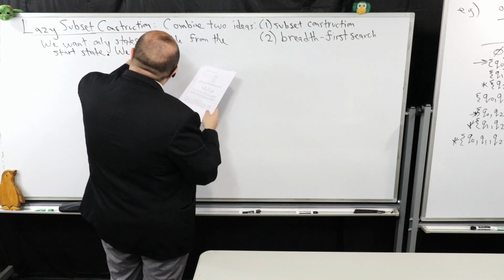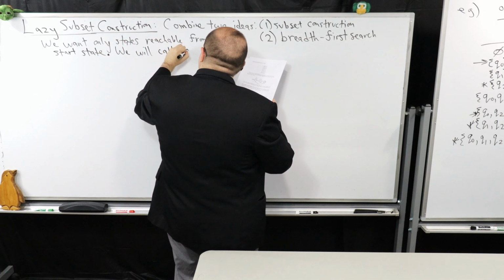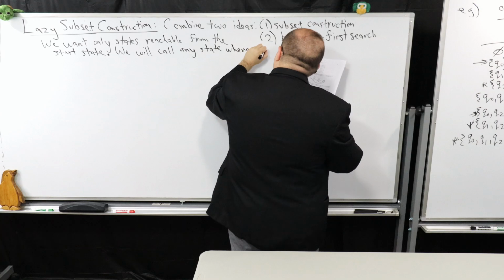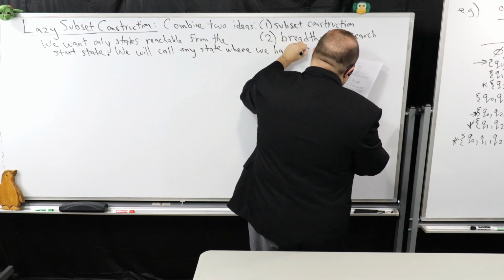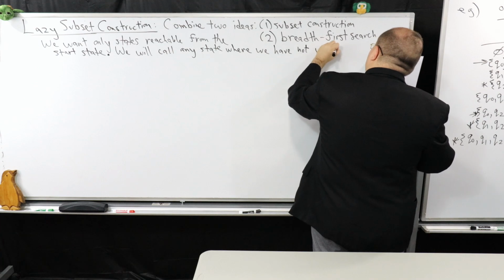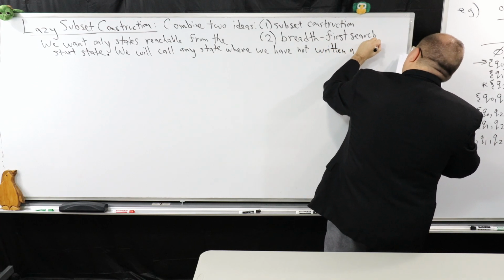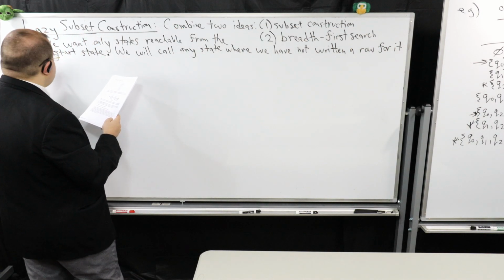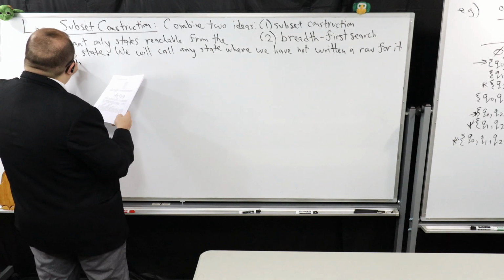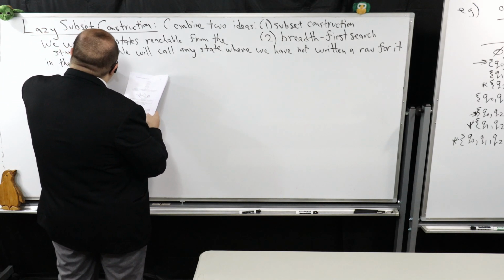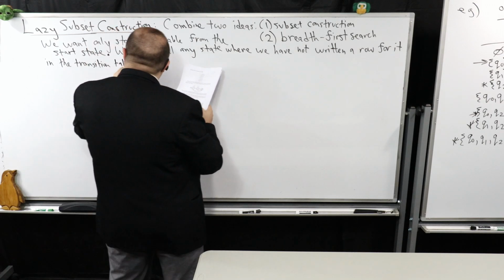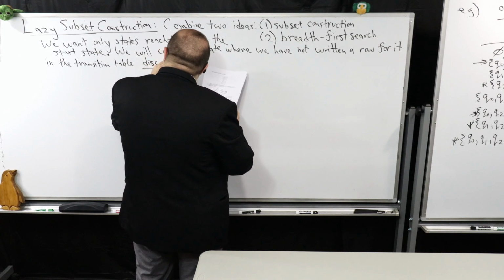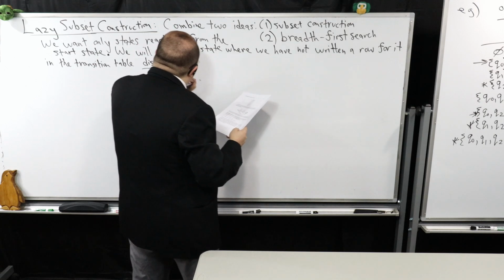We will call any state where we have not written a row for it in the transition table discovered.